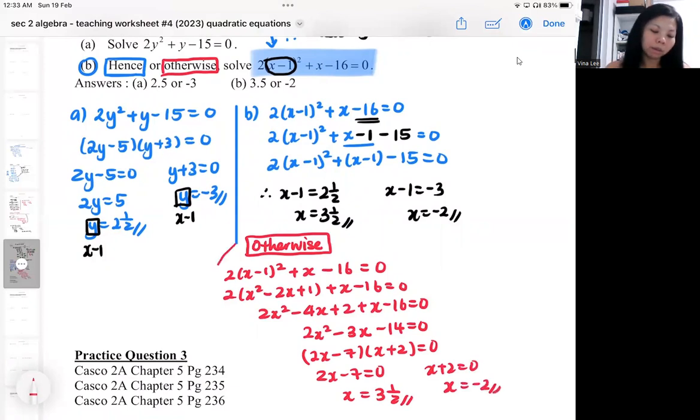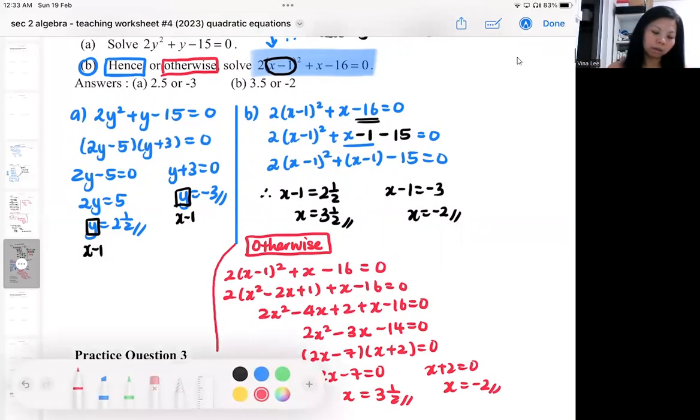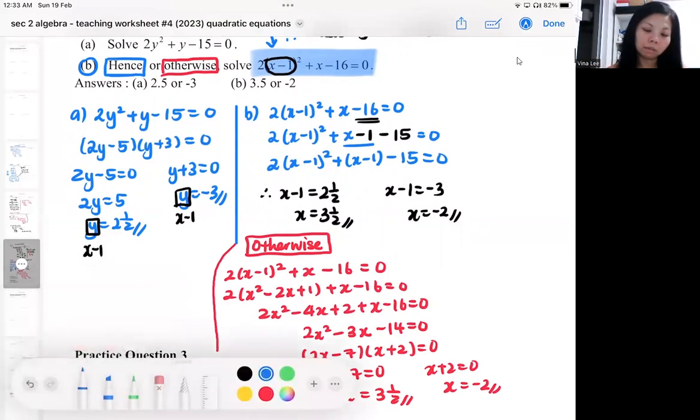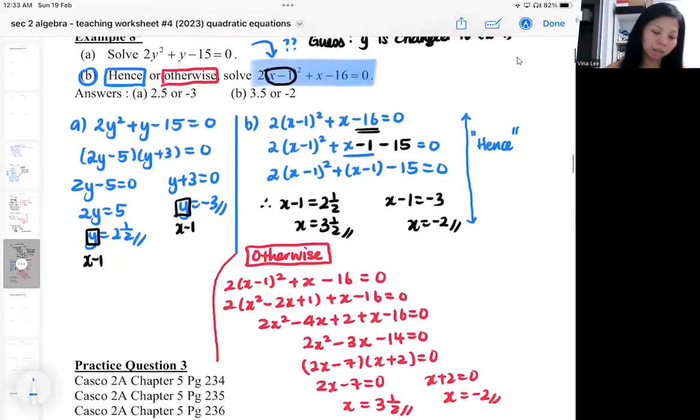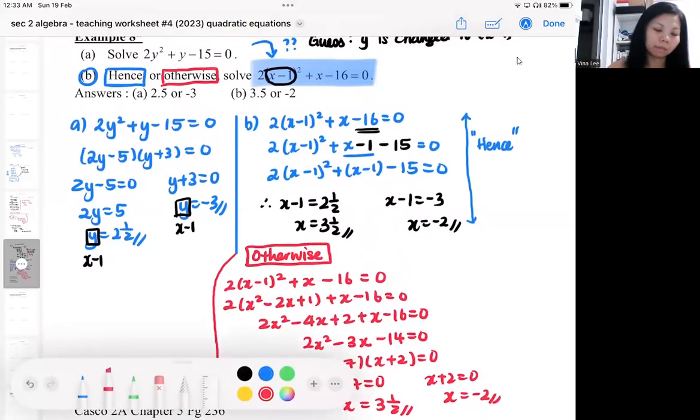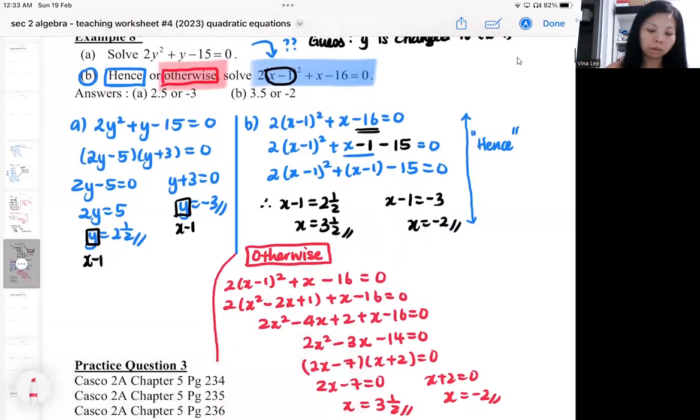So maybe some of you will be thinking, I don't understand the hence method. Then I'm going to go for the otherwise method. But if the instruction doesn't have "otherwise", you cannot use this method. So you got to look at the instruction.